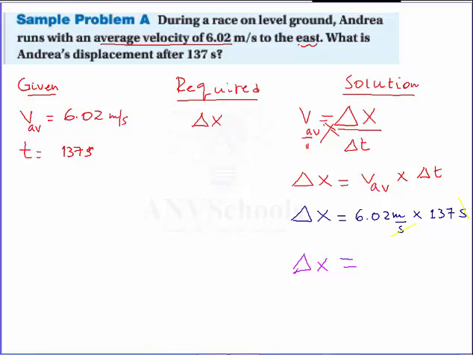Using a calculator, you will find the answer: 824.74 meters. This is Andra's displacement.